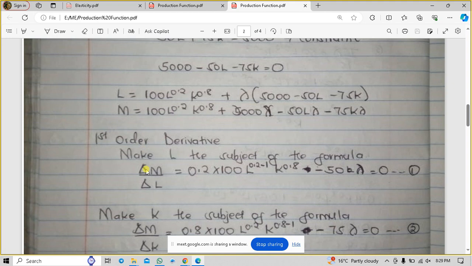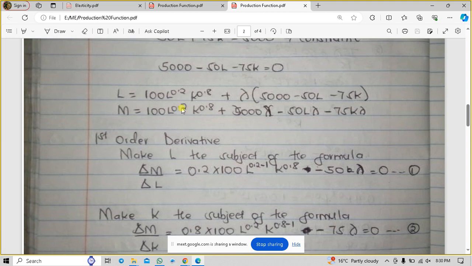So we are going to say change in M over change in L is equal to differentiating. We are starting with making L the subject of the formula. If you can remember what you used to do in differentiation, where you have L, that is where we are differentiating.